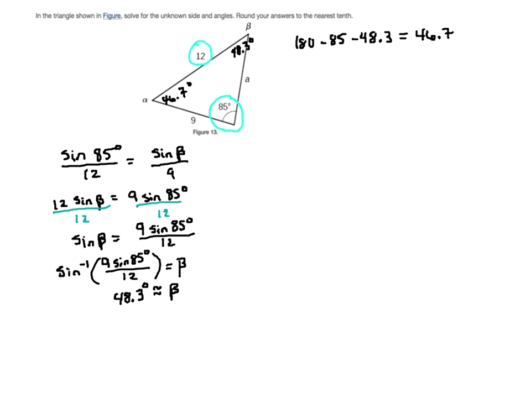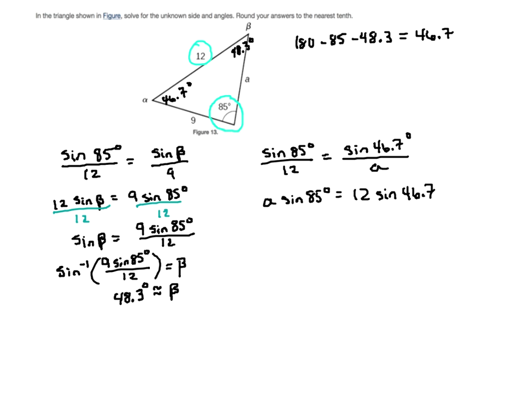Pardon me, now we can set up our last proportion. The sine of 85 degrees over 12 has to be equivalent to the sine of 46.7 degrees over side A. Cross multiply: A times the sine of 85 degrees equals 12 times the sine of 46.7 degrees.